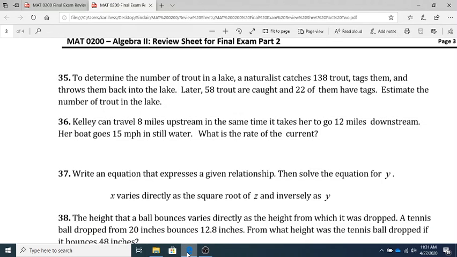37. Write an equation that expresses a given relationship, then solve for y. It says x varies directly as the square root of z and inversely as y.